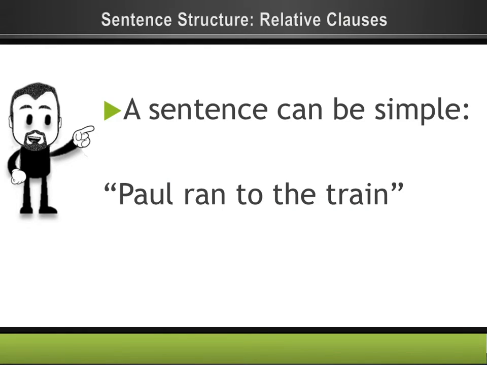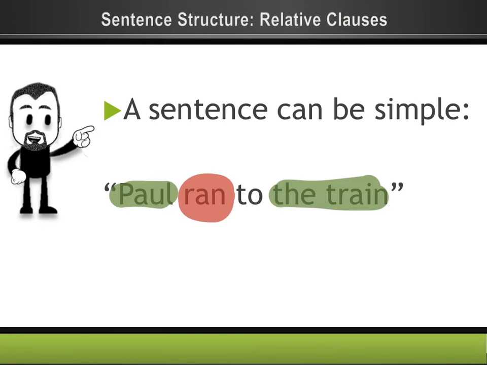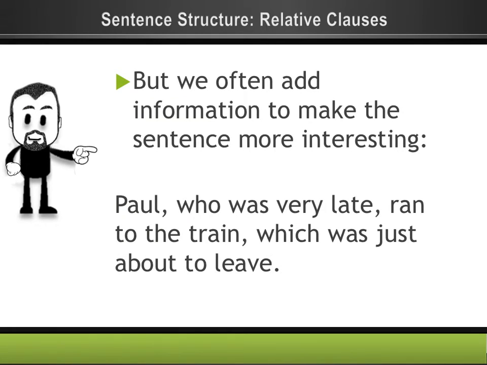So a simple sentence has one subject, one object and one verb. However, we often make sentences much more complicated.